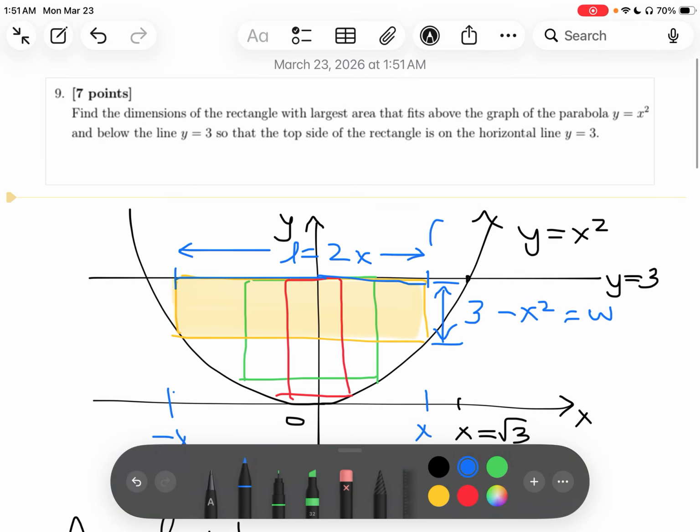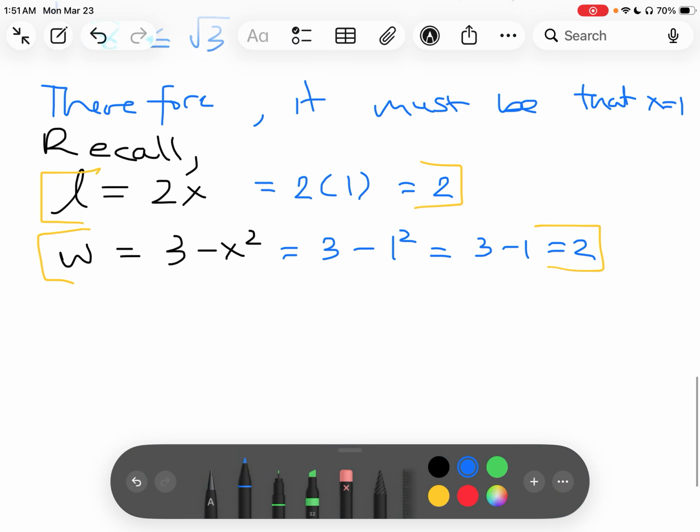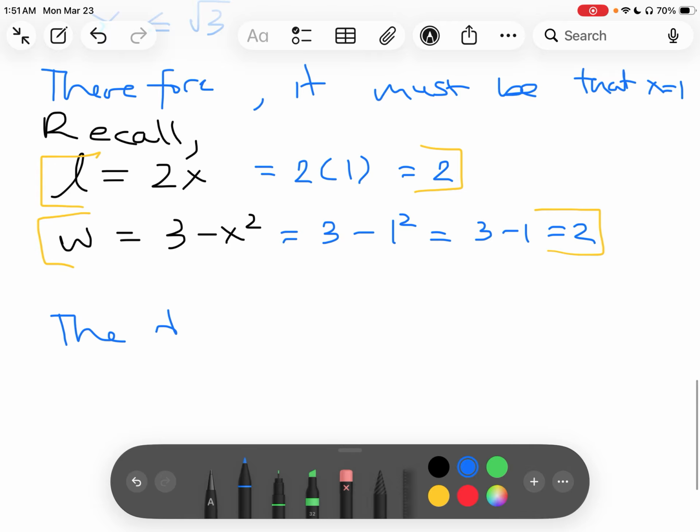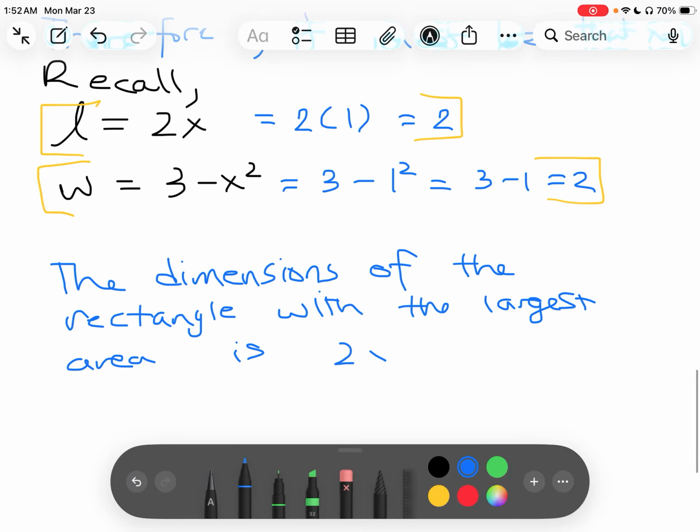The dimensions of the rectangle with the largest area is 2 by 2.